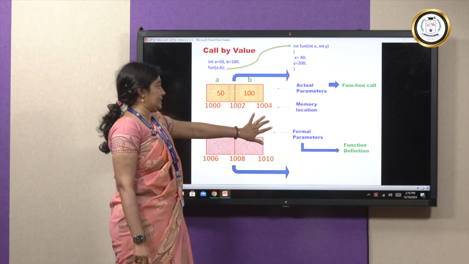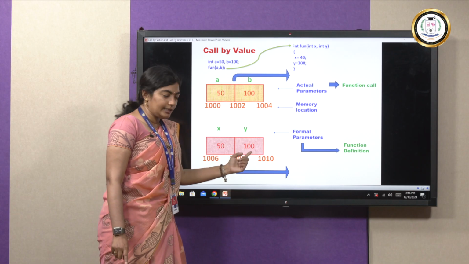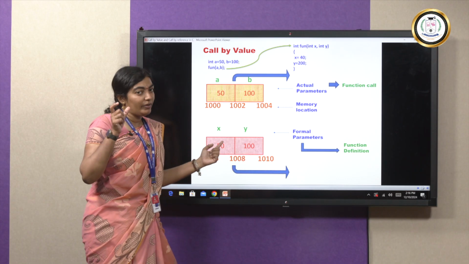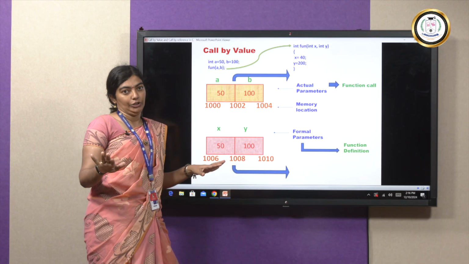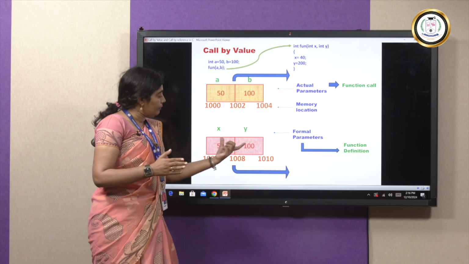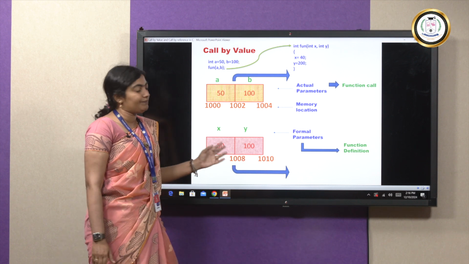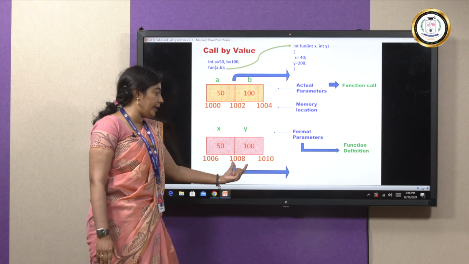In such a case, after calling the function at the initial stage, my x is equal to 50 and my y is equal to 100. Since it is called by value, they have separate memory locations. They don't depend upon the main variables, and they are two different variables x and y, and two different memory locations are allocated, 106 and 108.